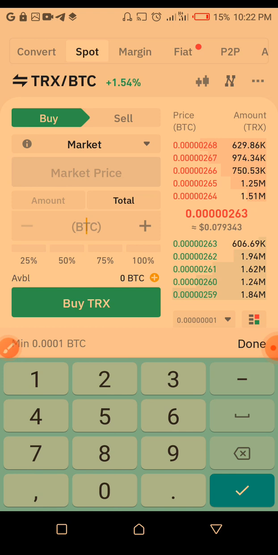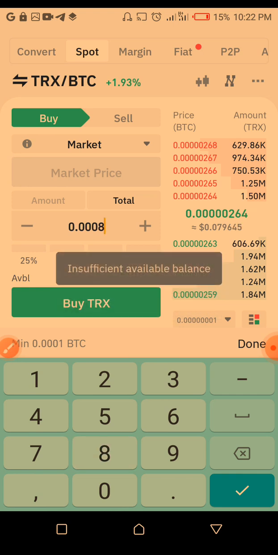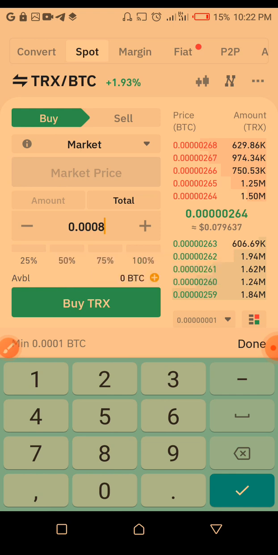You can only say, I want to buy TRS worth 0.0008 BTC. Do you understand? So once you click on buy TRS, it is going to execute instantly.